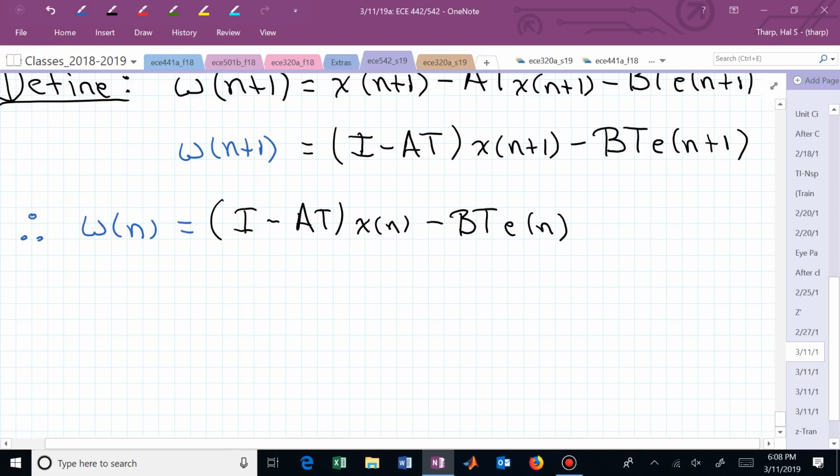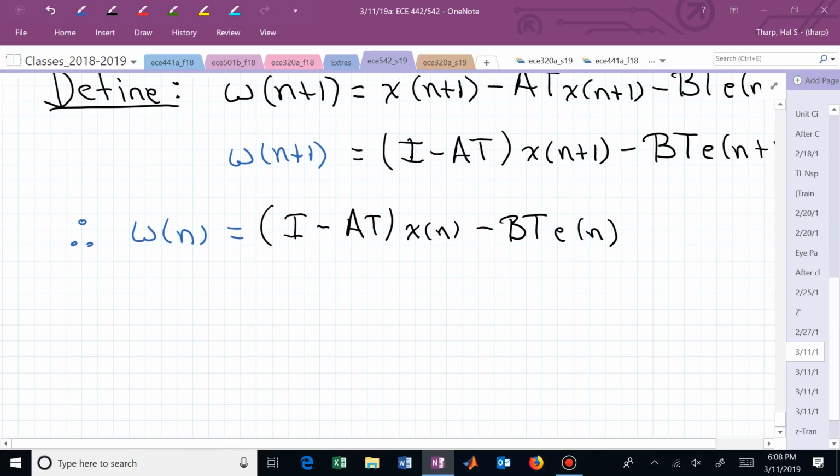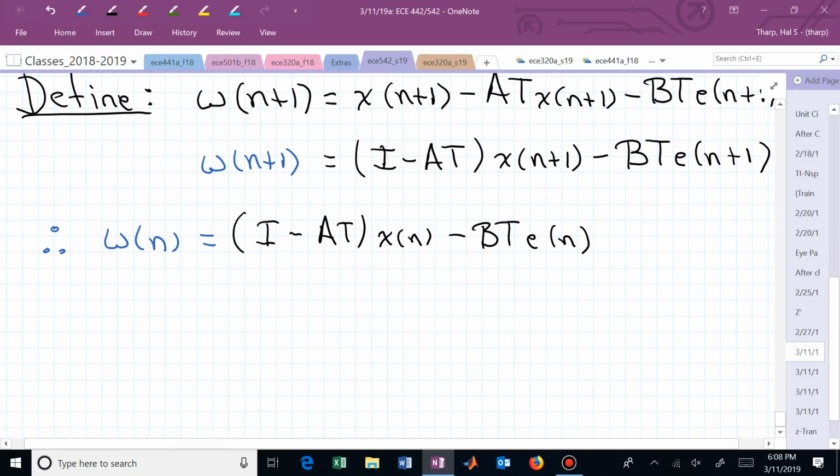And what am I really wanting? Well, that's now an equation that contains w of n, x of n, and e of n.